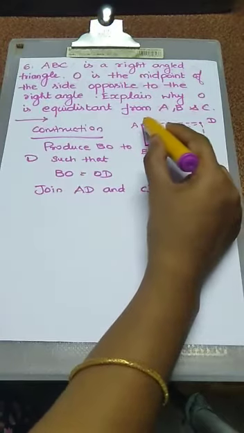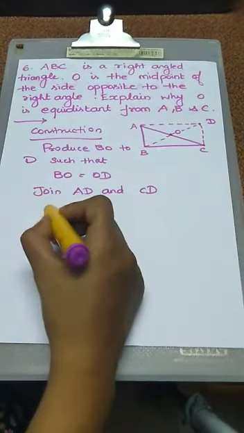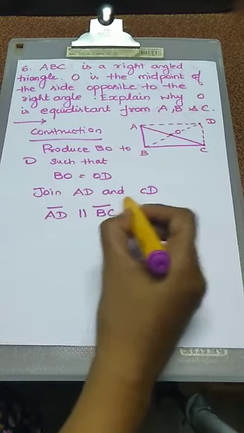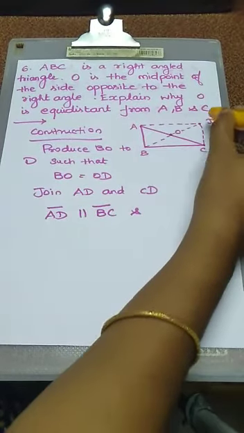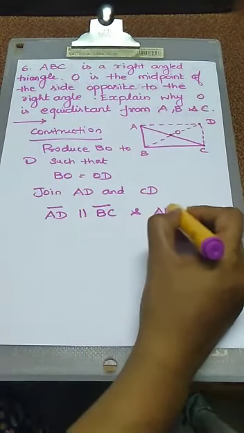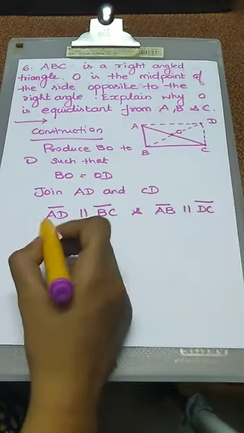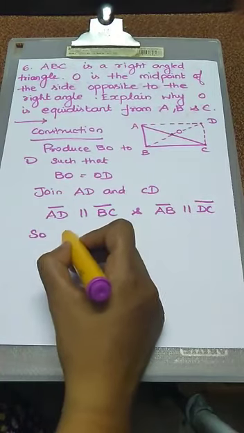So you just look at this, AD is parallel to BC and AB is parallel to DC. Okay. So it looks like a parallelogram.